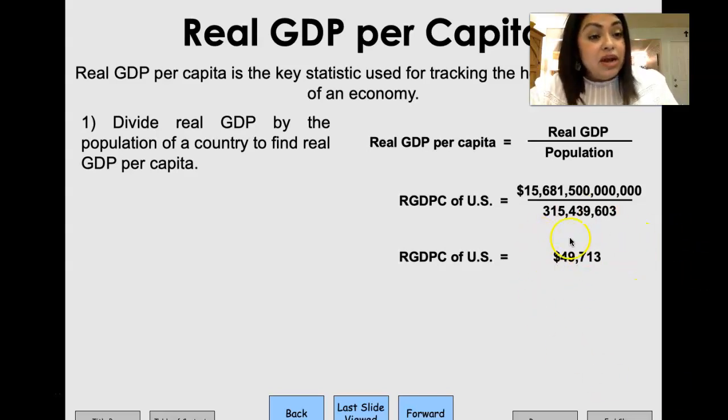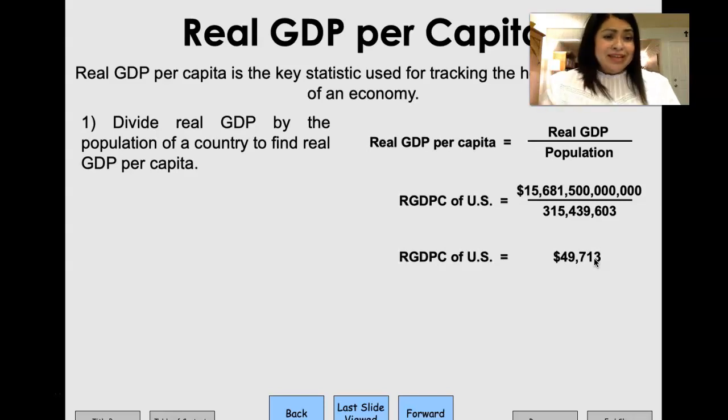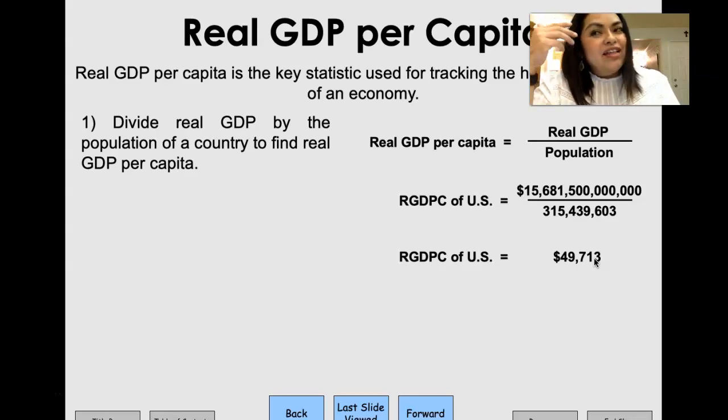So you see this 49,000. This isn't outdated. Right now, our real GDP is about 57,000 per capita. That doesn't mean that every single person is making $57,000 a year. It just means on average, that's how much money there is distributed for each person. Of course, that doesn't mean we're all getting that.